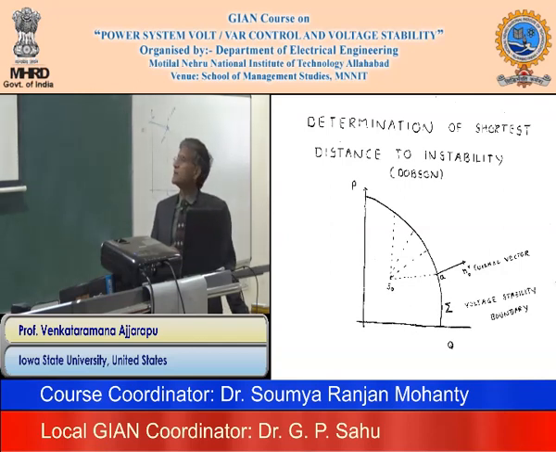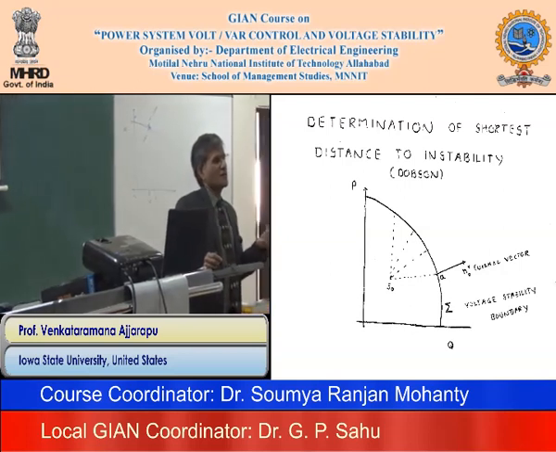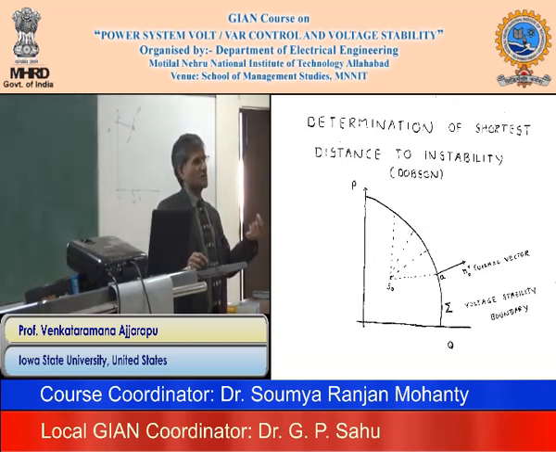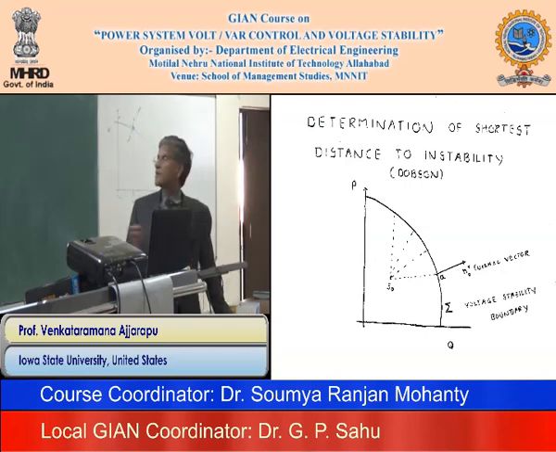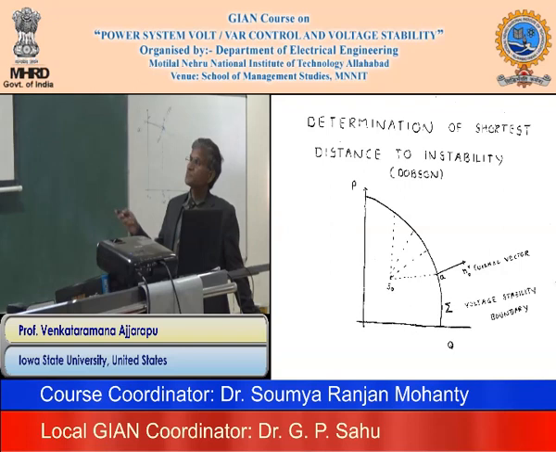And then he has an idea that, okay, what is the shortest distance I can go? That means right now I am operating here. What is the worst possible way I can change my load, and then I can hit the critical point or the boundary? So that means what load increase you have to avoid, basically. If I increase the load here, you have a lot of P you can increase.